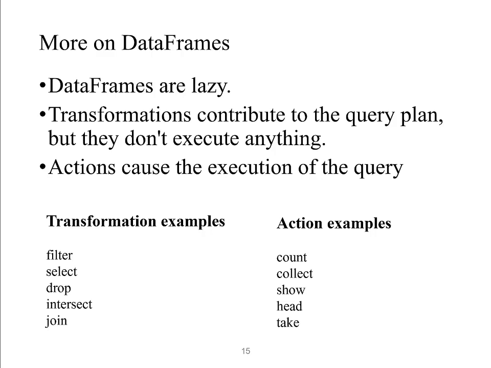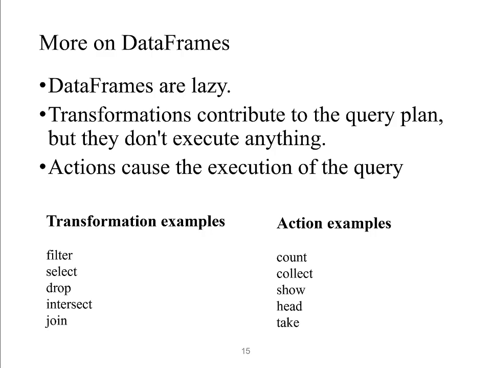And for the actions, we have count, collect, show. You have already seen head and take. Some of them are actions of RDD, and some of them are actions for data frames only, for example, show.